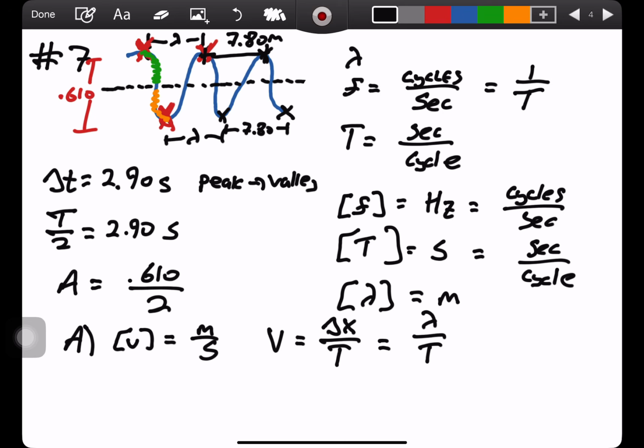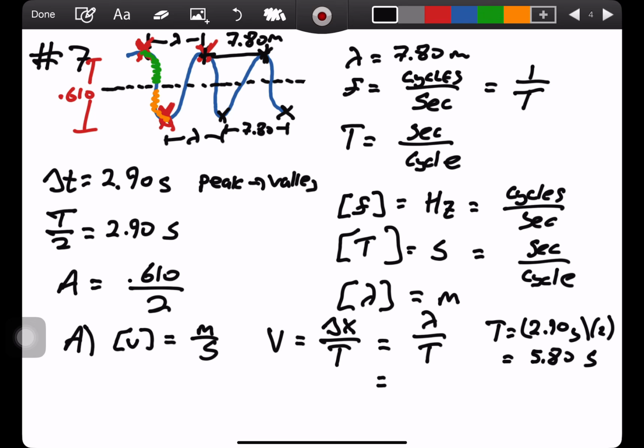And we already know what t is because t over 2 is 2.90 seconds. So t is equal to 2.90 seconds multiplied by 2. Okay, so that should be 5.80 seconds. And we are told that our lambda, the distance the fishermen determined from crest to crest, is 7.80 meters.